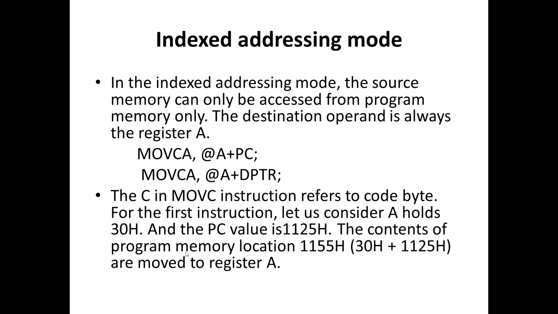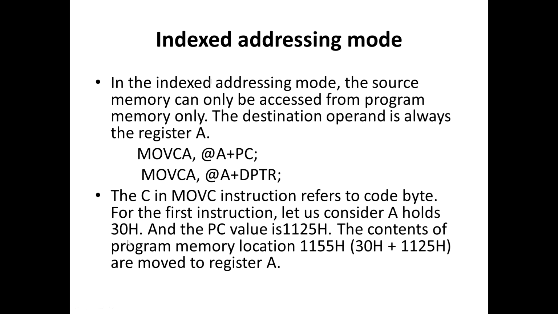Next one is indexed addressing mode. In the indexed addressing mode, the source memory can only be accessed from program memory. Here in the below example, you can see MOVC A, @A+PC. Here C indicates the code byte, whereas A is the register. So now let us consider the first example, MOVC A, @A+PC.